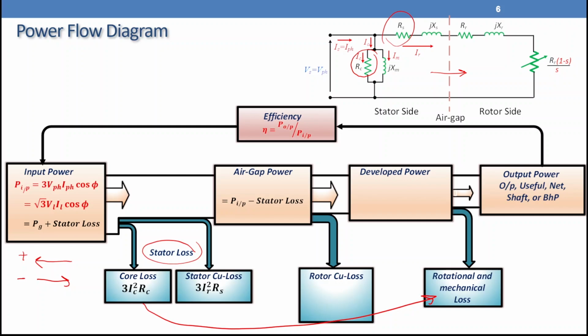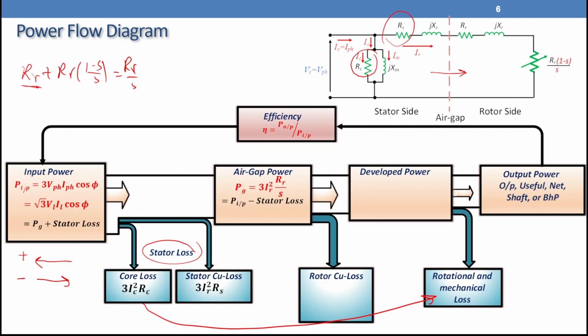I need you to notice here that R rotor plus R rotor (1 minus S) over S should give you R rotor over S. So the total resistance on the rotor side is R rotor over S. That one is a three-phase power, so we can write it as 3 I rotor square R rotor over S. But we divided R rotor over S into two components.